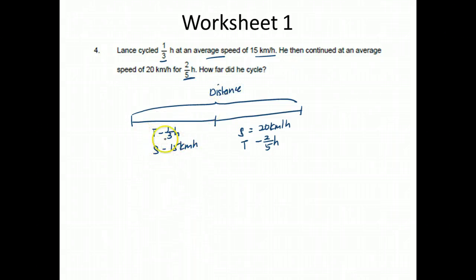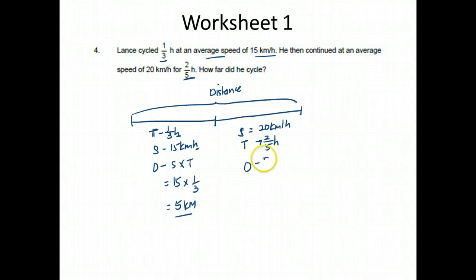So here, given the time and given the speed, I can find my distance. Distance is speed times time. My speed is 15. My time is 1/3 hour. We don't have to change the time because it is given in hour. So it's 5 kilometers. The second distance, we have the speed, 20 kilometers per hour. Time is 2/5 hour.